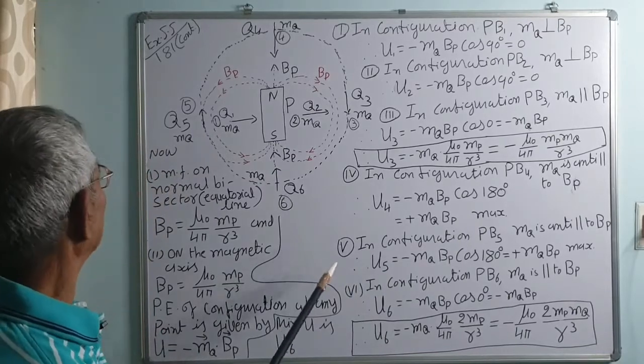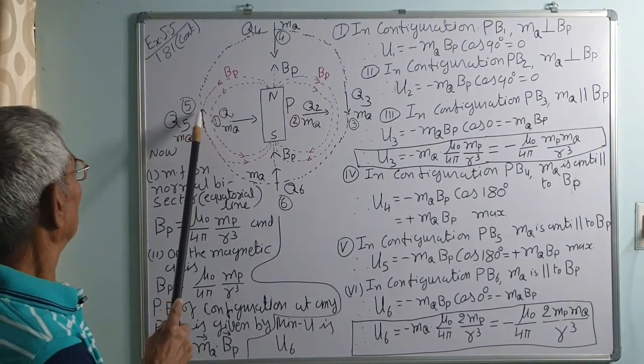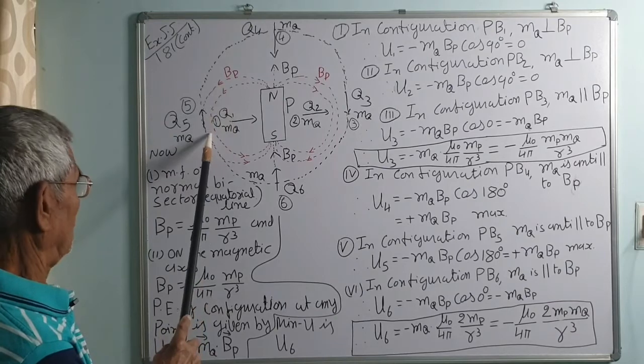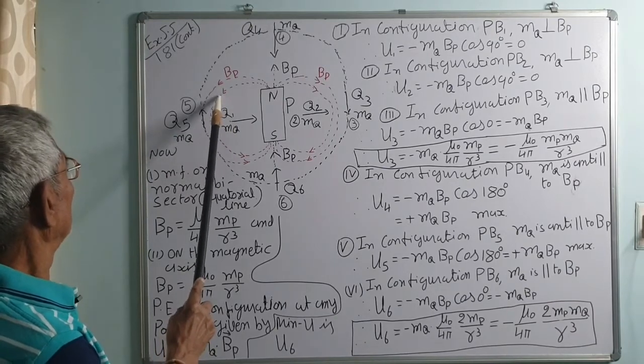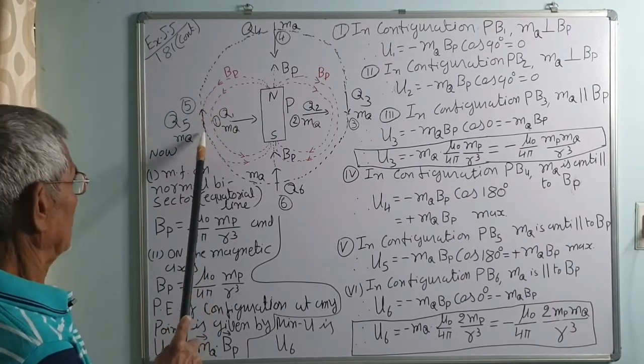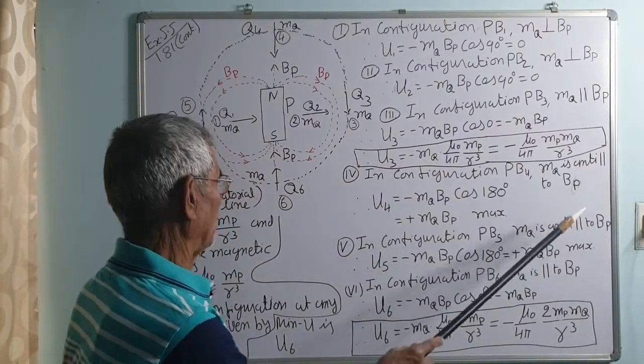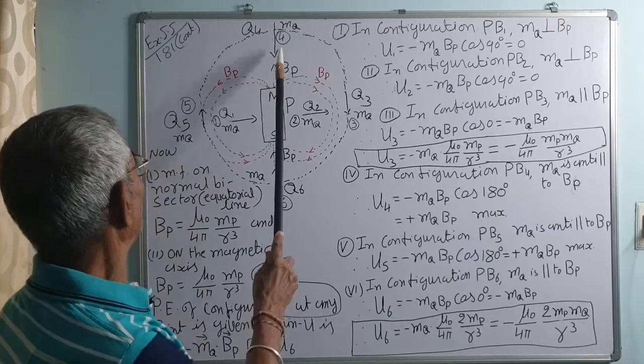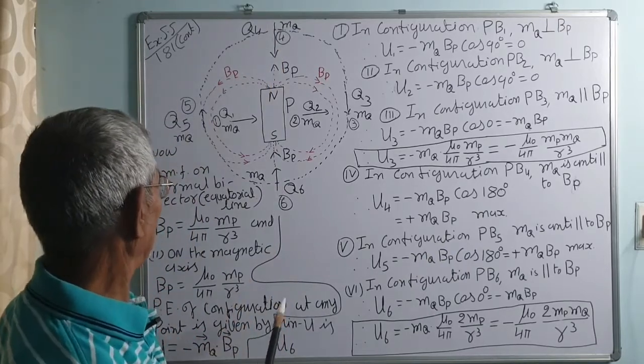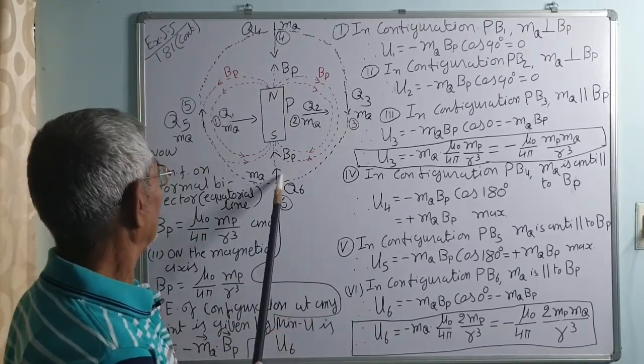In the fifth case, here also they are anti-parallel, you can see. The magnetic field is in this direction. So in configuration PB5, MQ is also anti-parallel. So in the fourth and this case, they are anti-parallel. Here and here parallel.